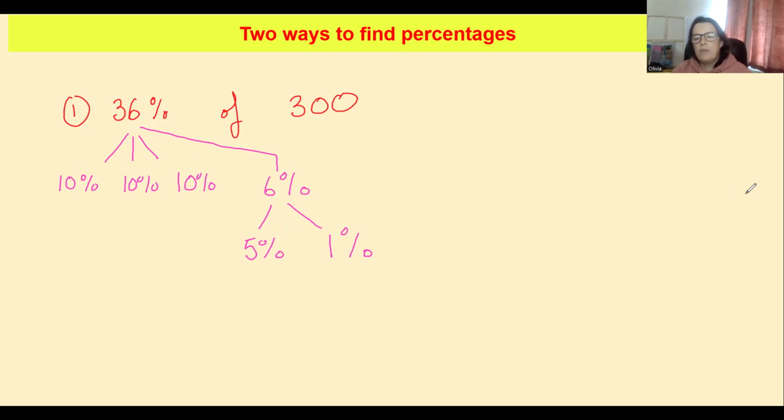The reason we do that is because when it comes to percentages, we need to remember: to get 10% of any number, what do we do? We divide by 10.